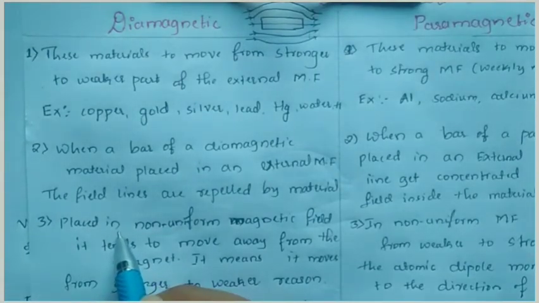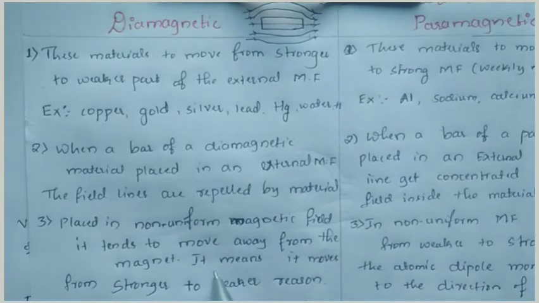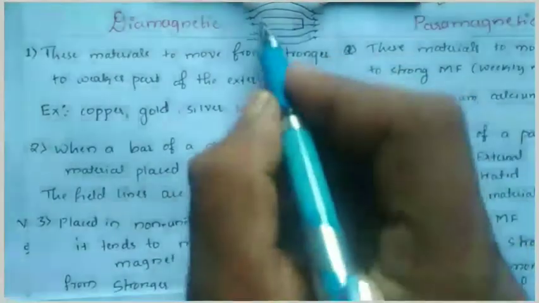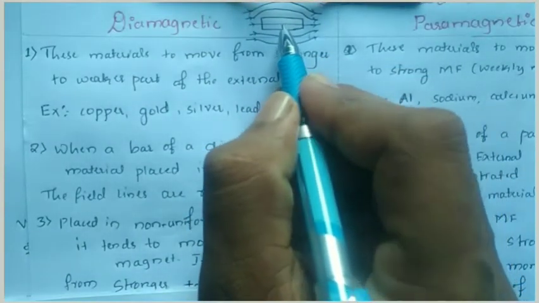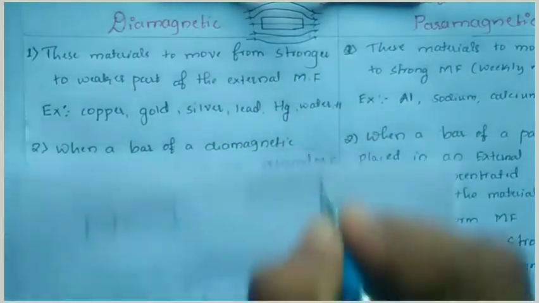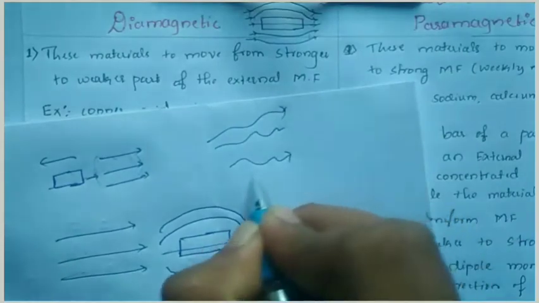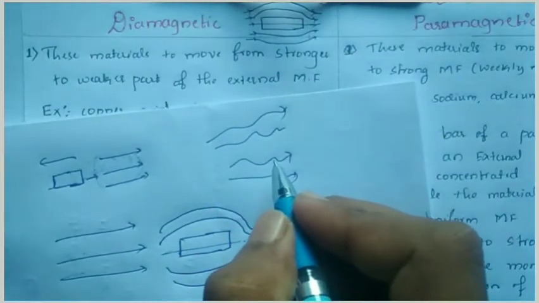The third point: the bar magnet is placed in a non-uniform magnetic field. It tends to move away from the magnet; it means it moves from stronger to weaker. Here we kept a magnet in a uniform magnetic field, and also in a non-uniform magnetic field, where the field lines move randomly.